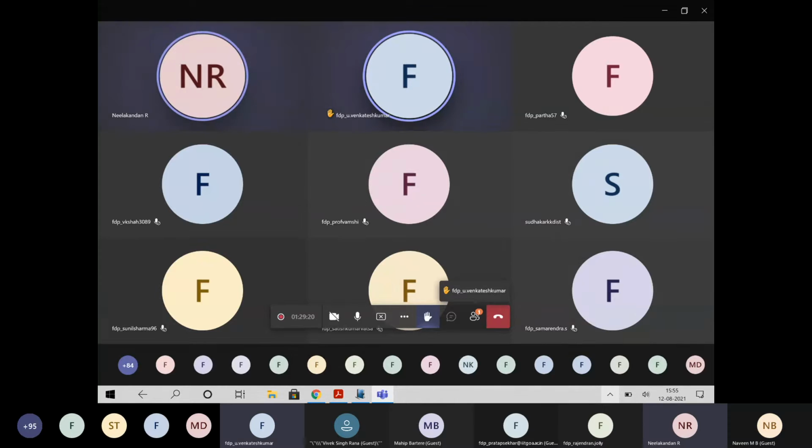Sir, when we are using machine learning, some of the data sets we are getting, we want to segregate what are the parameters we need.